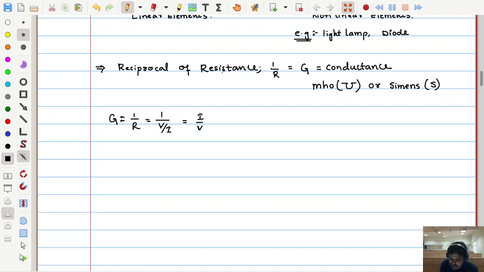So resistance is the reciprocal. What is the resistance? It opposes the flow of current. So what might the reciprocal be? It does not oppose the flow of current. That means conductance represents the ability of an element to conduct electric current.